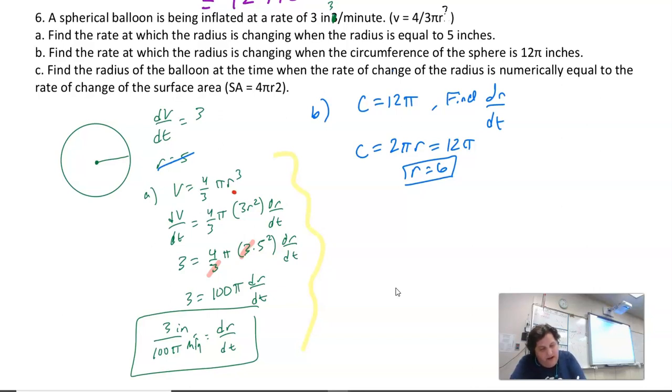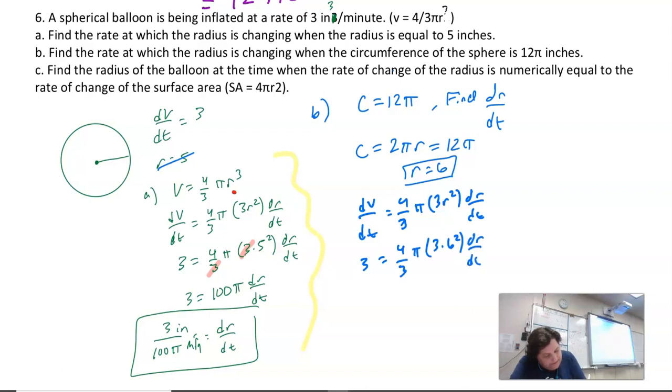All right. dV/dt is still going to be the same. Let's write this. Well, I'll just rewrite it for a sec. So it's 4/3 pi, 3r squared dr/dt. So dV/dt is still 3 because that's not changing. It's the same balloon. We're just now doing it at 6 dr/dt.